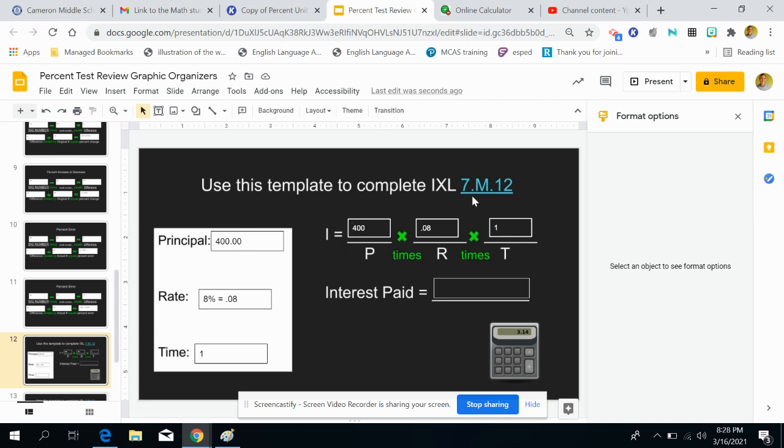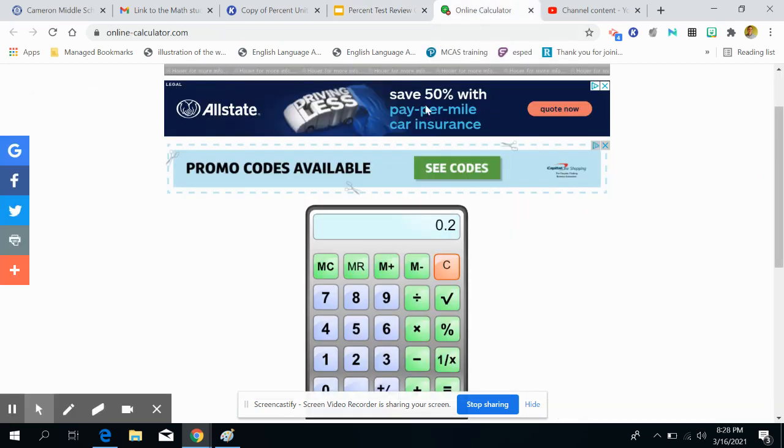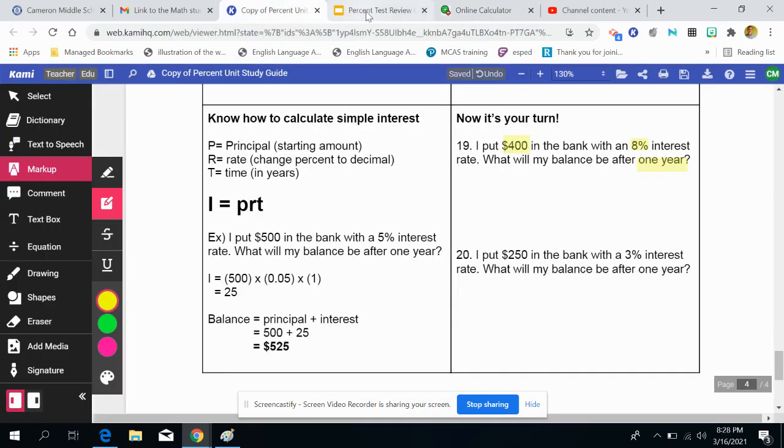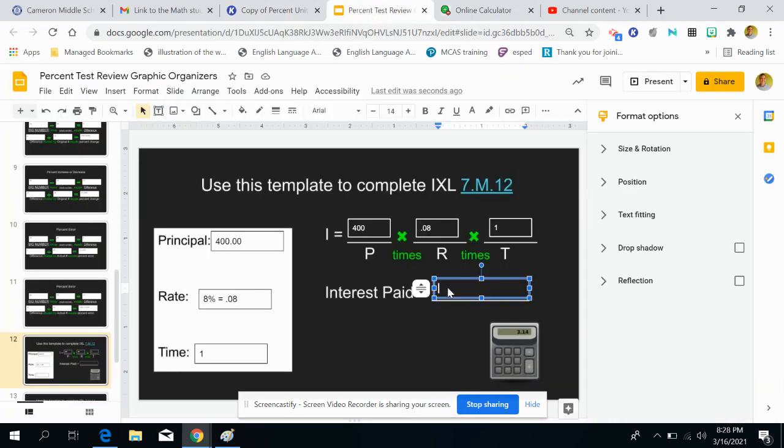So 400 times 0.08 times 1 equals 32. So when I go back here, the amount of interest paid is $32.